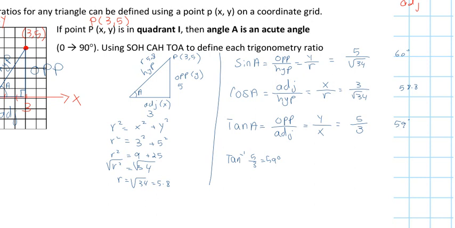Your final answer is the answer that you want to round. Okay? So it doesn't matter which ratio we used, I ended up with the same answer. I ended up that angle A is 59 degrees. Okay?